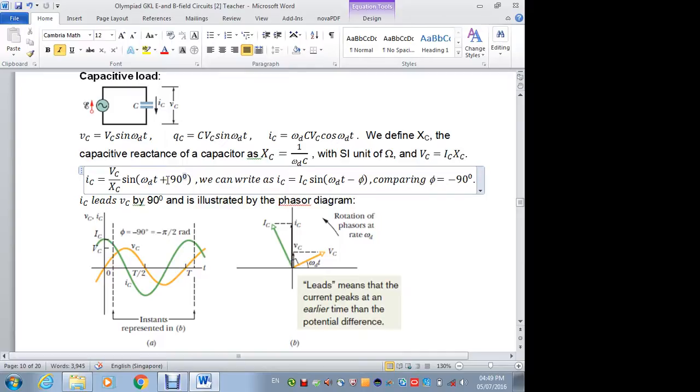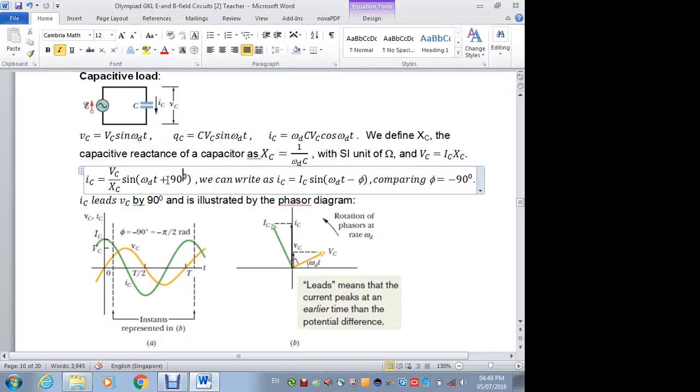That means it's leading, or actually having a bigger phase angle. So it leads. Lead by how much? Lead by 90. So for this angle, we just add another 90. So correct, it's leading. So we will see the phasor diagram, but it's quite easy to see. You see? IC and VC. Actually, this is the relationship between the current and VC.